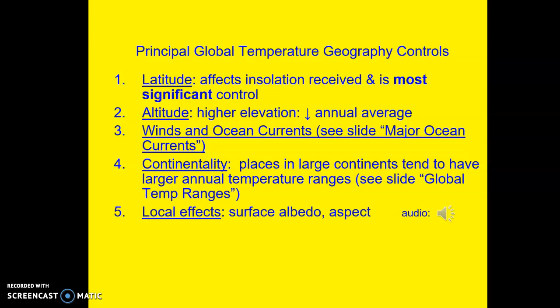Local effects include things like surface albedo or reflectivity. So if you're on an ice sheet, not only is the ice keeping it cold, but it's reflecting back almost all the solar radiation. So you end up with a cool climate because of that. Now, one of the interesting things that's happening is aerosols, ash, dust, and so on, are being deposited on the global ice sheets, especially in Greenland.